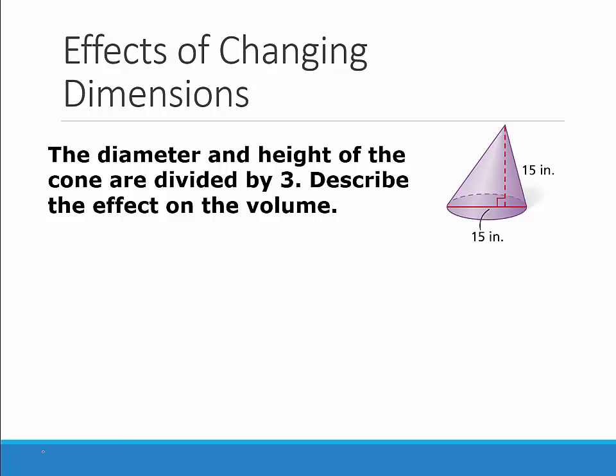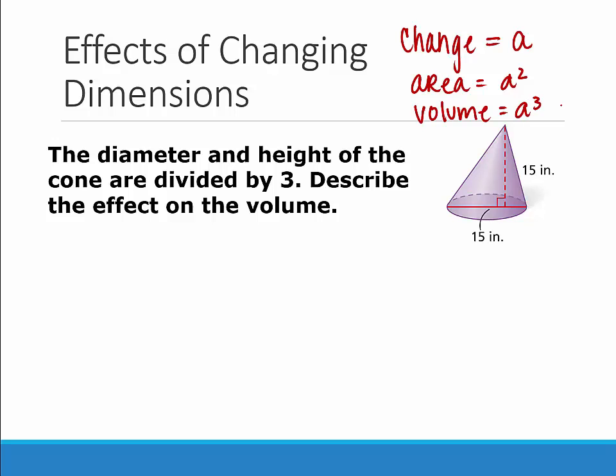So, effects of changing dimensions. Remember, if you change something by A, the area changes by A squared, and the volume changes by A cubed. And it does not matter if it's a cone, a cylinder, a prism, a pyramid. If you're changing volume, it changes by that thing cubed.